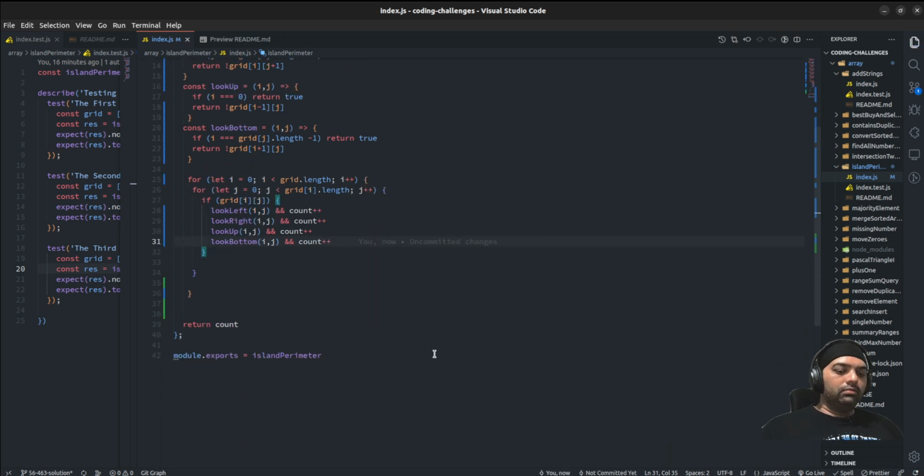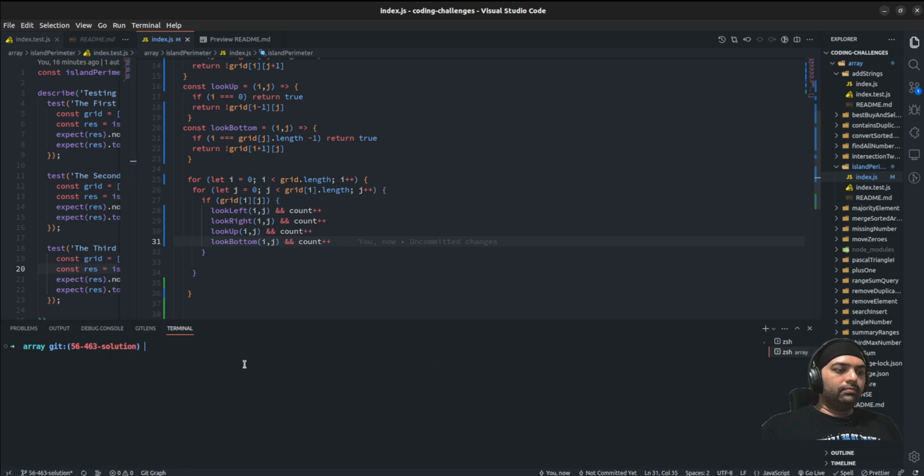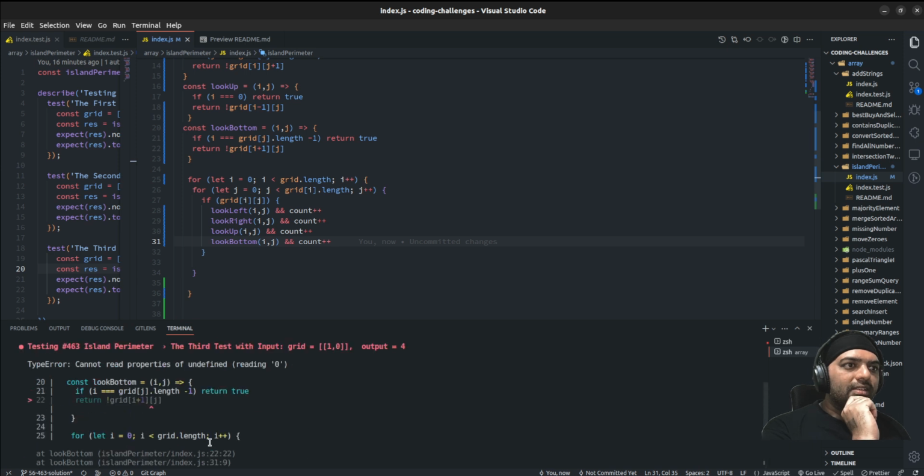I think there might be some kind of issue. Yes, see, for the bottom it says you have done something wrong and cannot read the property of 0. So yeah, need to debug a little bit.